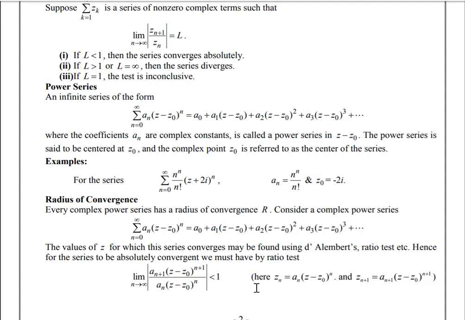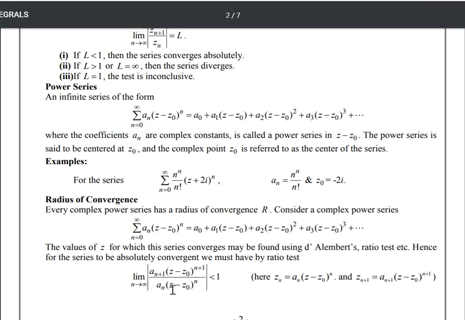By the ratio test, the limit of the modulus of Zn plus 1 over Zn is L. If this L is less than 1, we say the series converges absolutely by this ratio test.